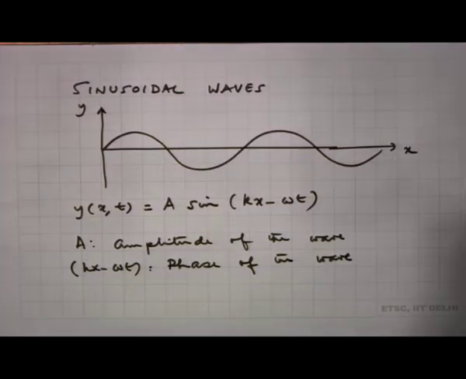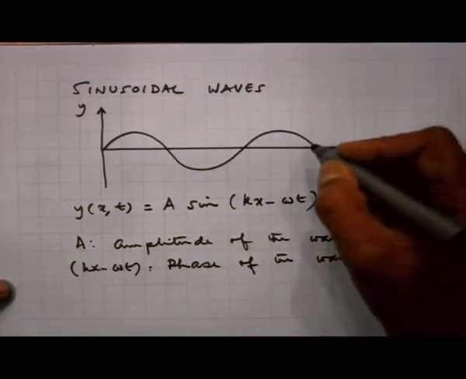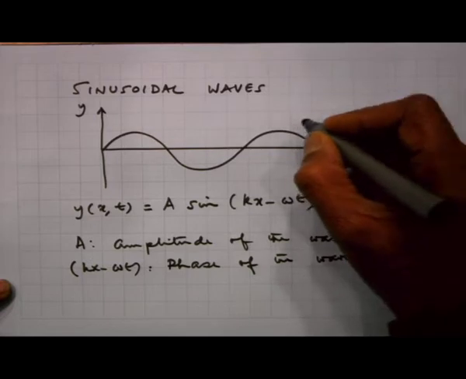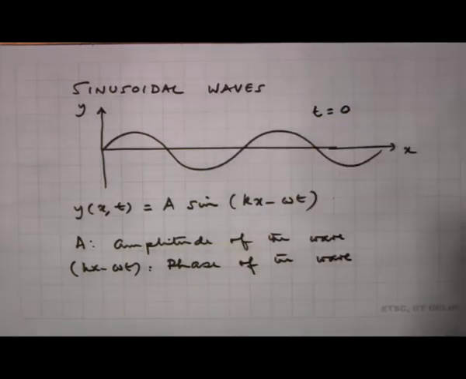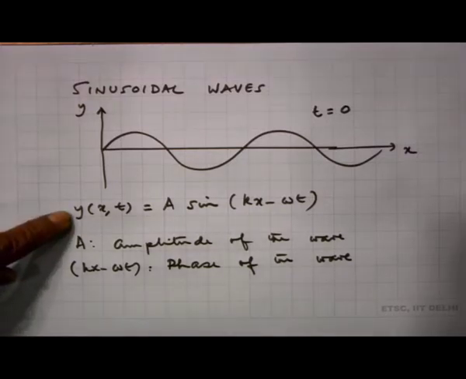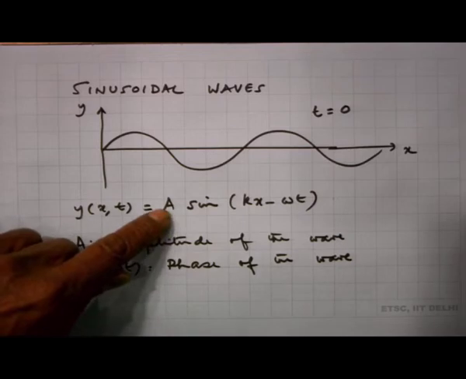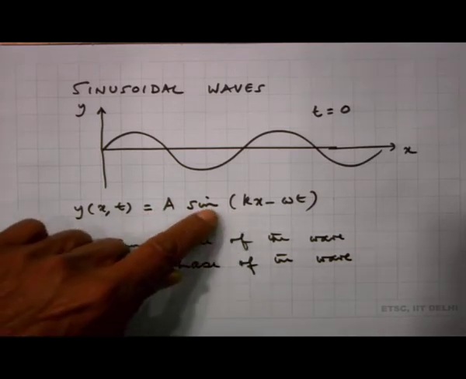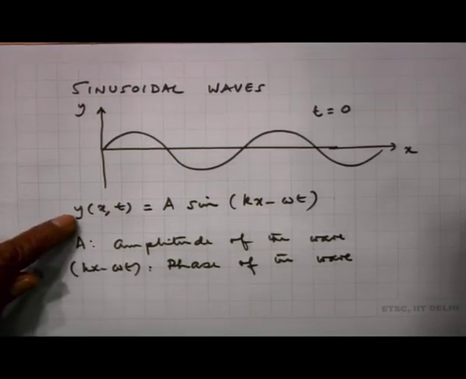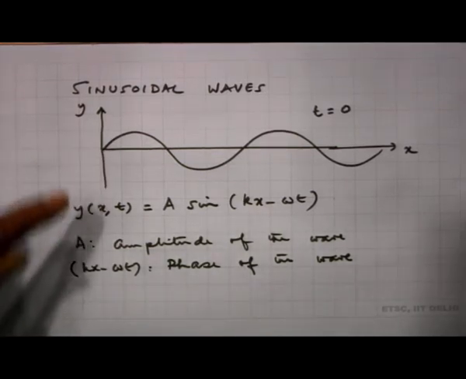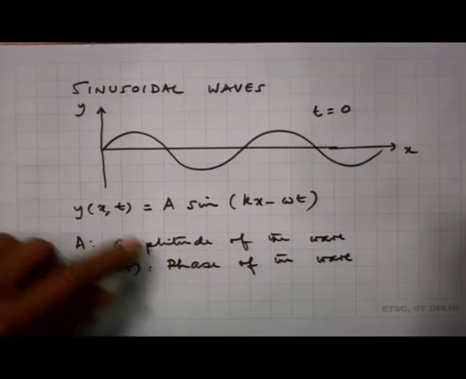Let me explain: what I have drawn is the shape of a string at some instant of time, say t is equal to 0. So, this represents a sinusoidal wave of amplitude A described by A sin(kx minus omega t). So, this gives me the displacement of the string from the equilibrium position as a function of space and time.